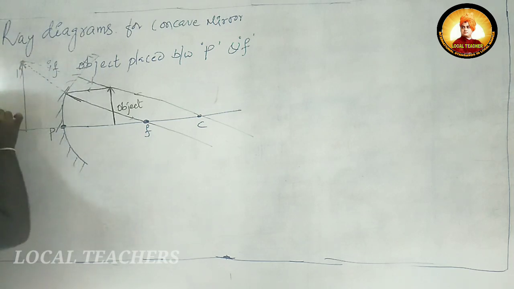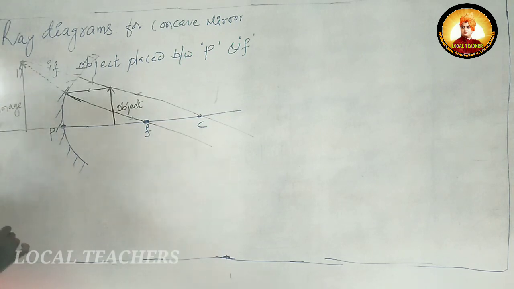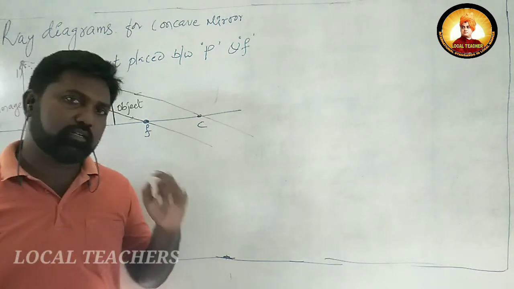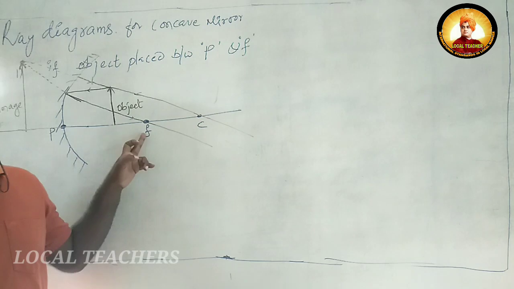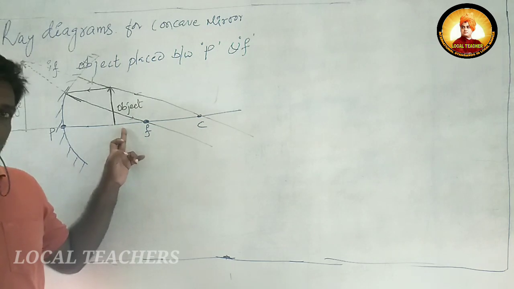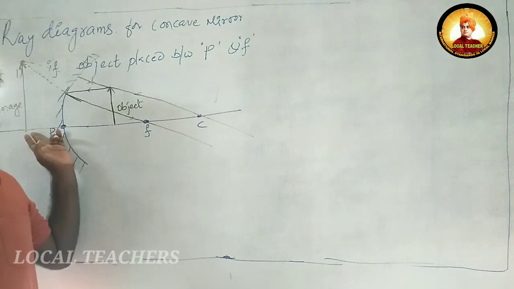Here this represents the image. We considered the object in between P and F, and the image is formed behind the mirror.